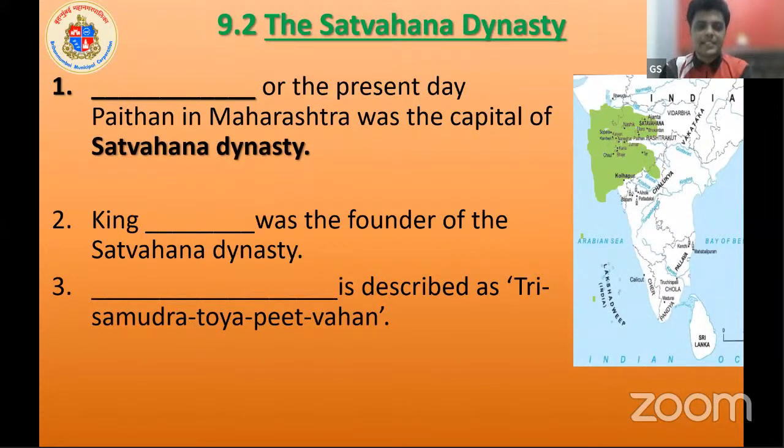What was the name of the king? Naneghat. No. Naneghat is the place. You have to answer the name of the king. That was a king who was described as Tri Samudra Toya Pit Vahan. You don't understand the question or what?